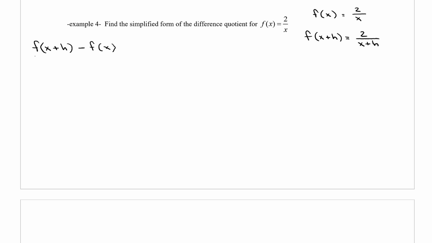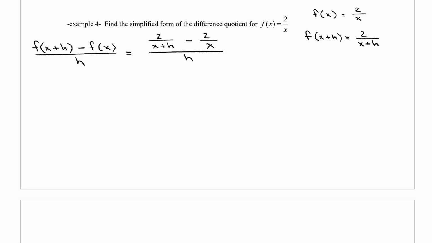This represents the difference quotient. So I'm going to substitute into this. This is going to end up giving me 2 over x plus h minus 2 over x all over h. I have a complex fraction here that I need to simplify.